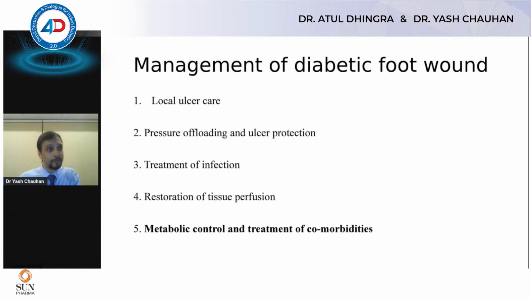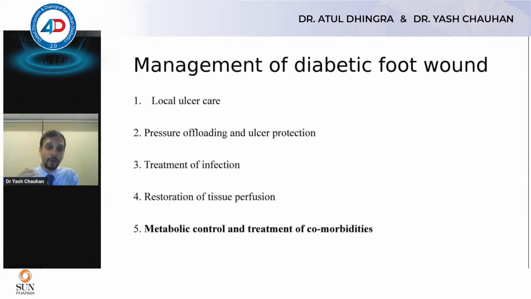Of course, if there is evidence of gangrene, you need to add a little bit of anaerobic cover. The treatment that we usually start with is a beta-lactam with a beta-lactamase inhibitor. And if there is gangrene, then we add an anaerobic cover. So that is one important thing that needs to be done.